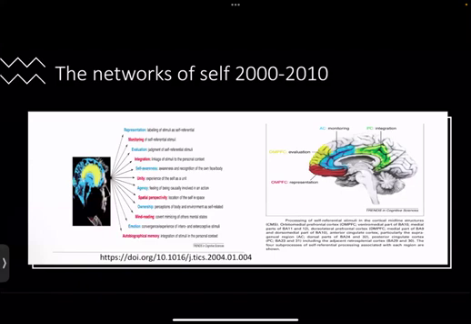There was a continuous evolution of the network of self in 2000 to 2010, when I was working here mostly as a student and early-career professional. There was this type of understanding of the network of self.